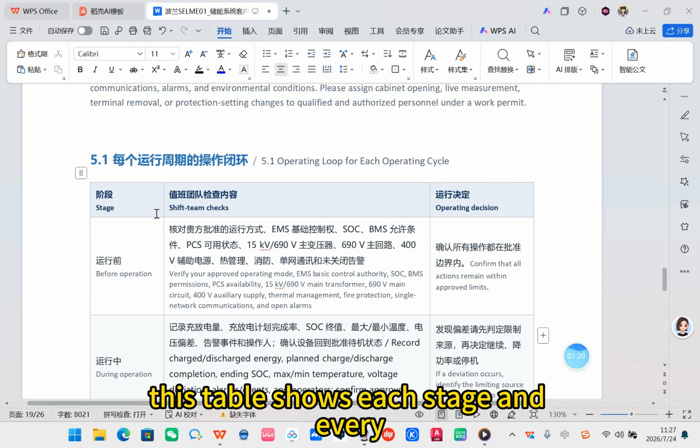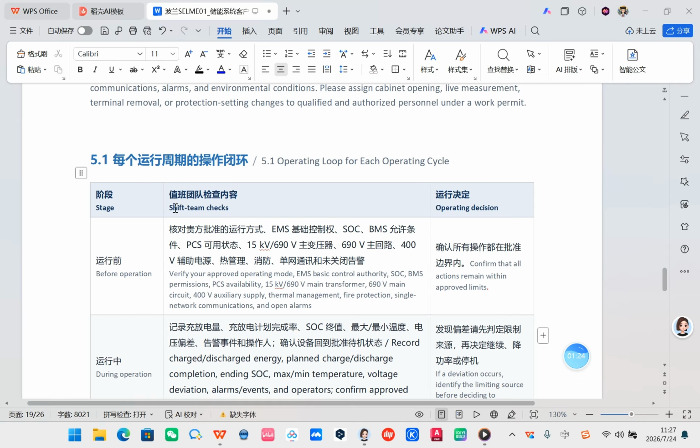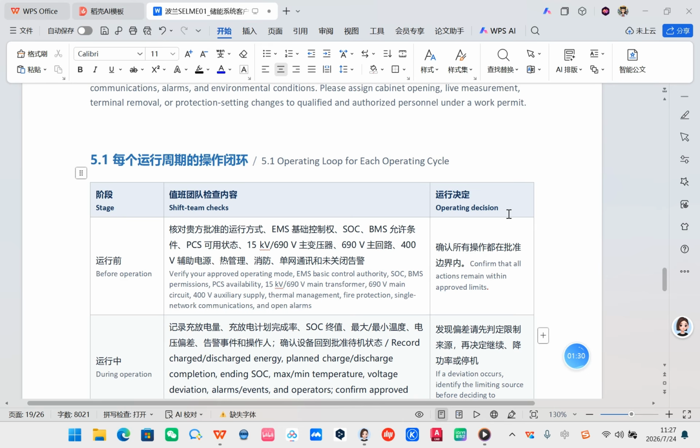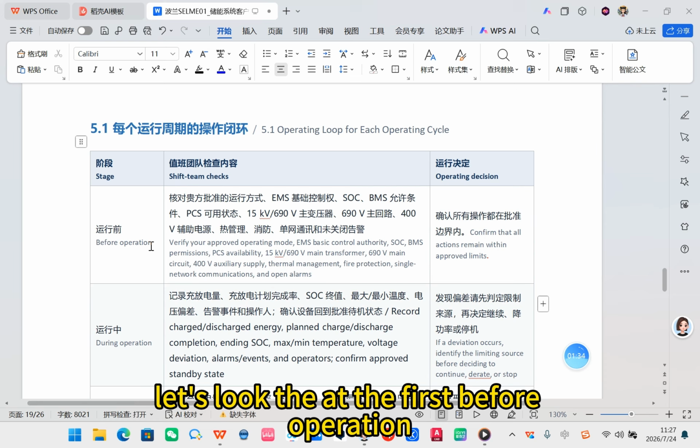This table shows each stage and what we should do at every stage, and the operating design decisions. Let's look at the first.